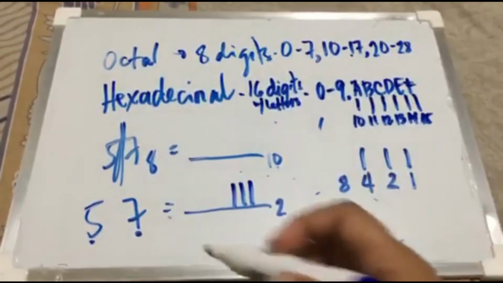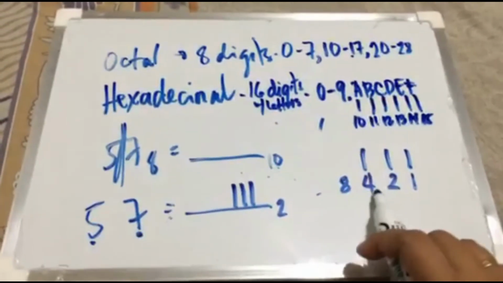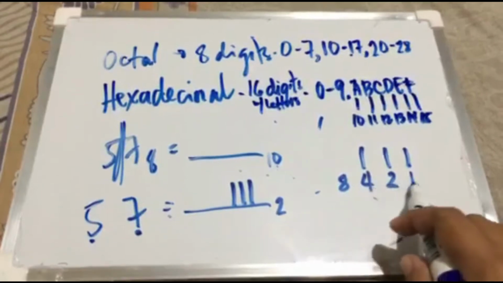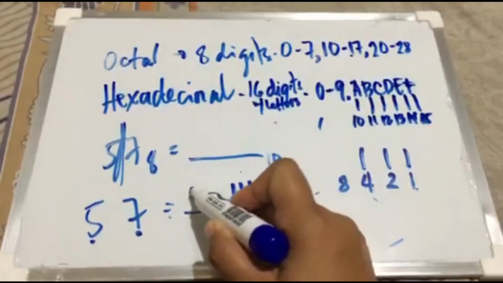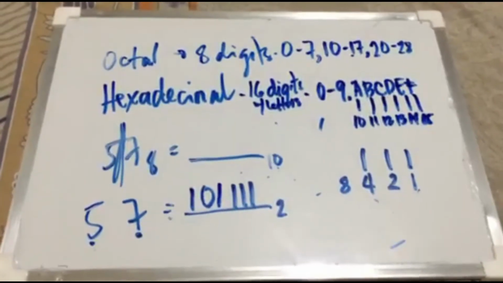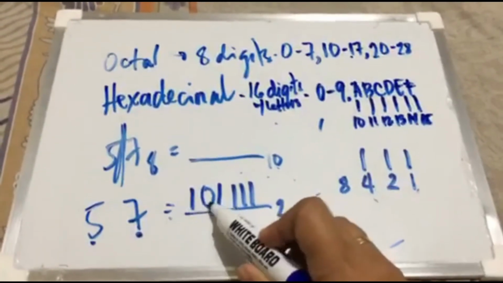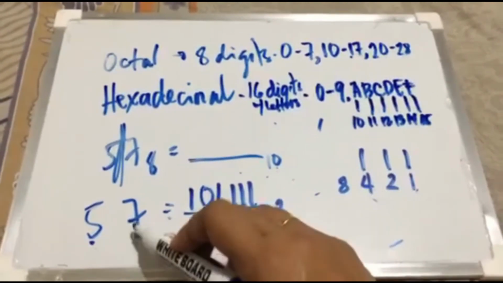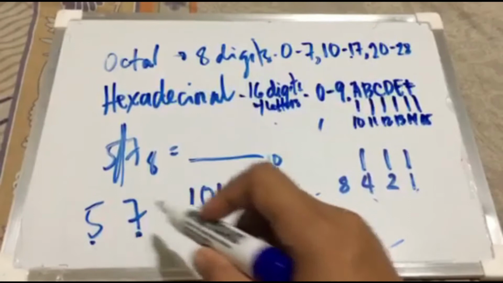And for number 5, we have 4 plus 1. So we get 1, 0, 1. We read it as 101111. So this is the equivalent of the octal number 57.